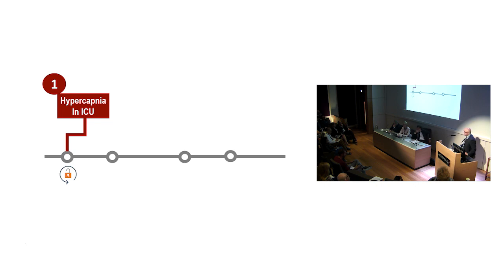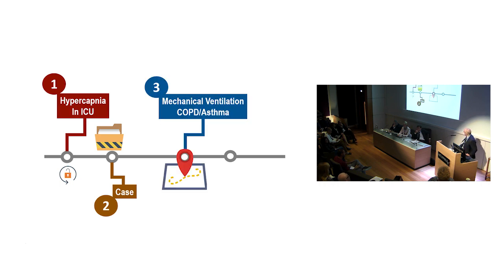What I was going to do in the next few minutes is start looking at the problem of hypercapnia in the ICU, and then we'll look at some examples of hypercapnia in ARDS, hypercapnia in COPD, asthma, etc. Then we'll talk a little bit about mechanical ventilation, particularly in COPD and asthma.